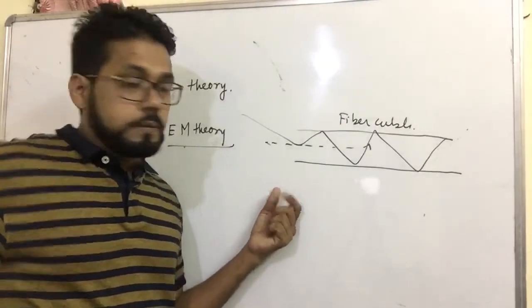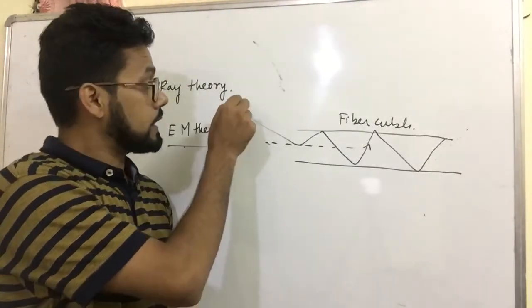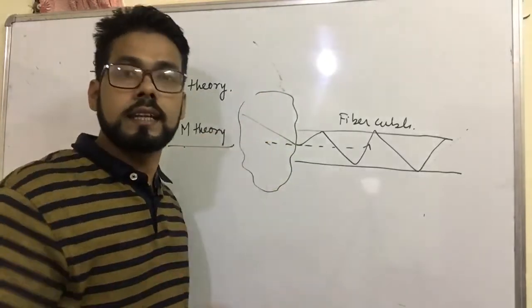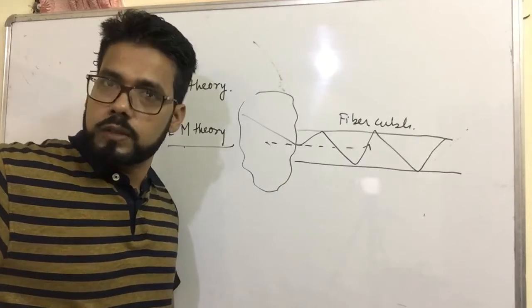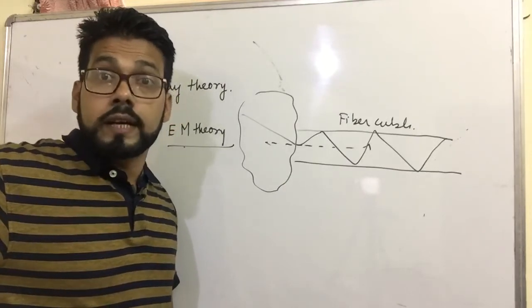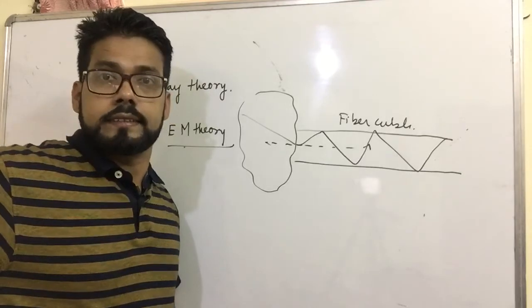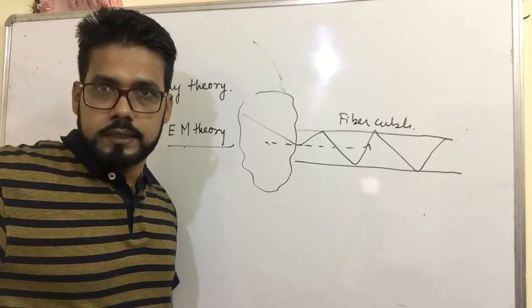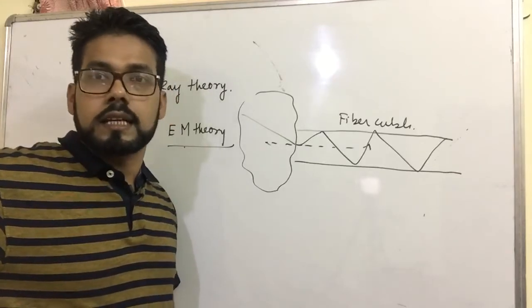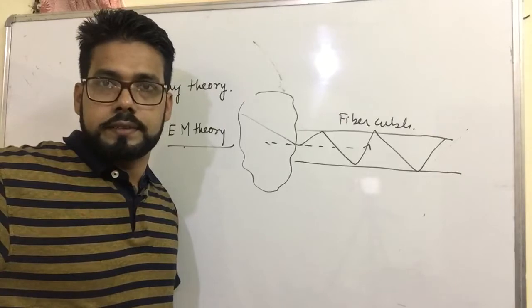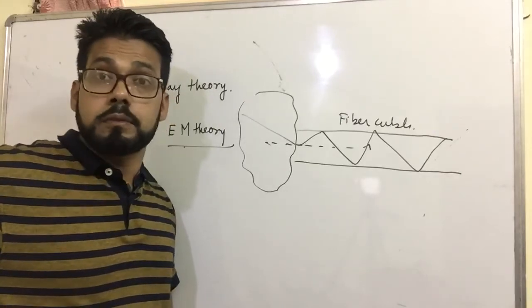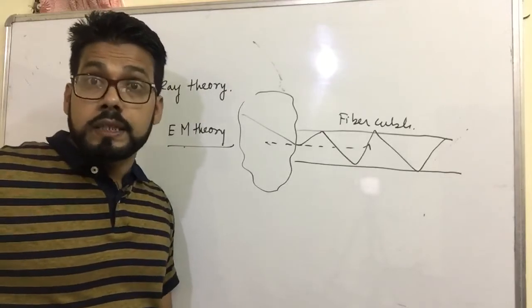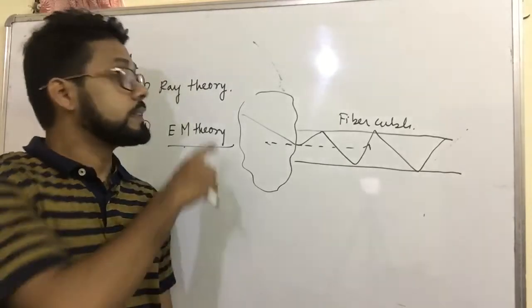Now, geometrical theory is applicable only to this initial part. This geometrical or ray optics is used to understand basic parameters, for example, numerical aperture, refractive index, cutoff frequency of the signal, and acceptance angle. These basic parameters necessary for a communication system can be easily understood with the help of ray theory.